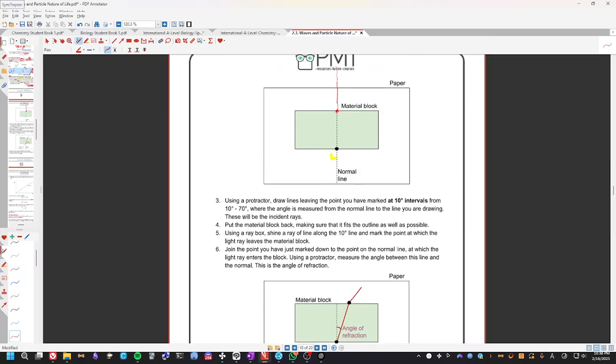So they start to tell you that you're going to be drawing your incident rays now. After you find your 90 degrees, we'll use my protractor because mine is better. You want to start measuring at 10-degree intervals from 10 to 70 from the point.